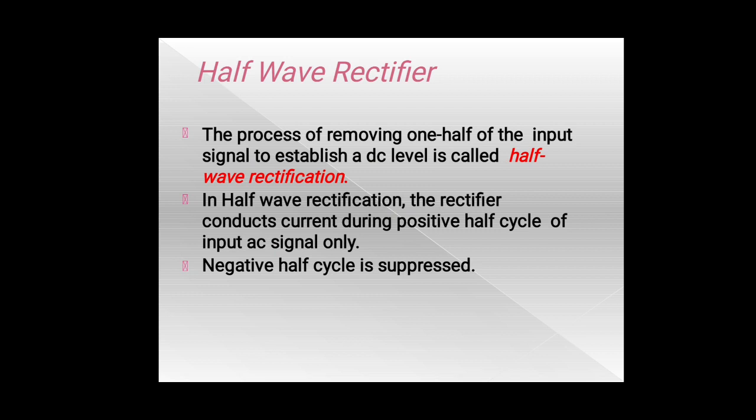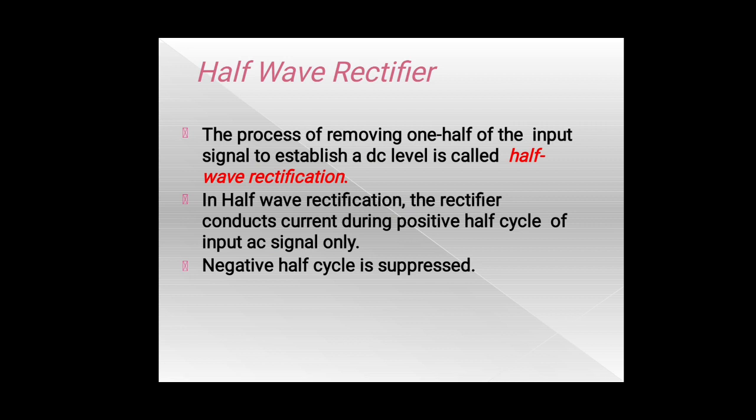As its name indicates, the output is obtained during only one half cycle of the input AC signal. The half wave rectifier is a process of removing one half of the input signal to establish a DC level, and is called half wave rectification.